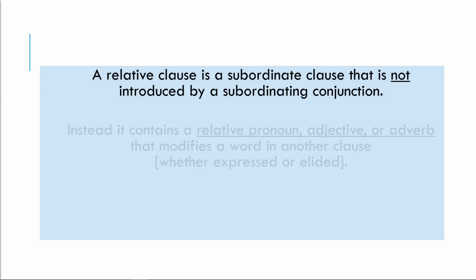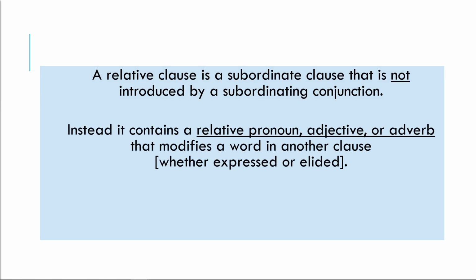Instead, what it has is some kind of relative word, a word that is a pronoun or an adjective or an adverb that modifies a word in the other clause, the clause upon which it is dependent, what they sometimes call the matrix clause. So it's very closely tied to the main clause because it is tied directly to some word in that main clause.